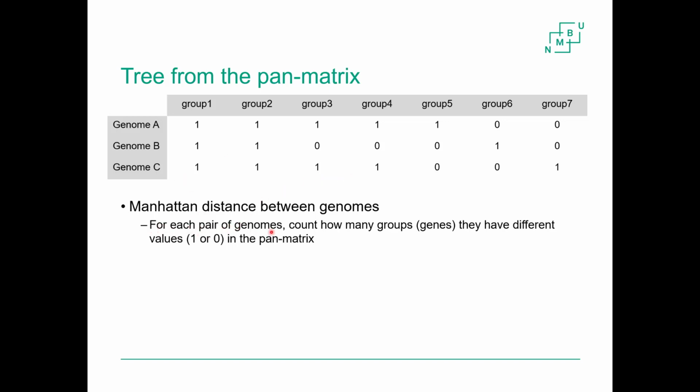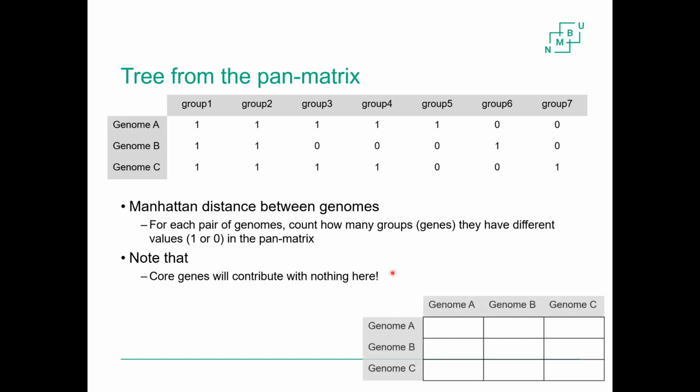For each pair of genomes, count how many groups, which is the same as gene, they have different values in the pan matrix. Okay, and note that this will mean that the core genes will contribute with nothing here.